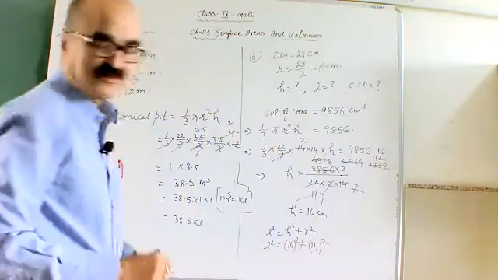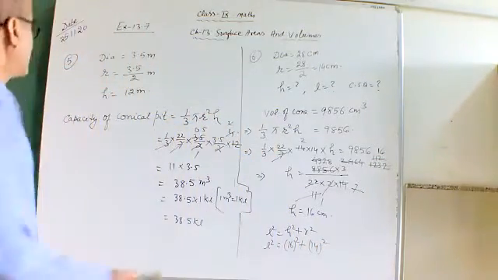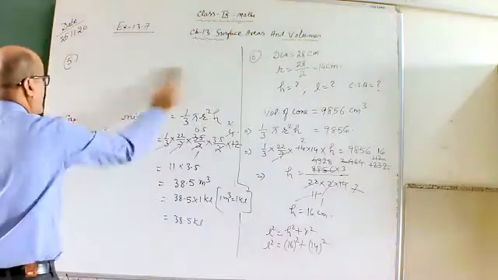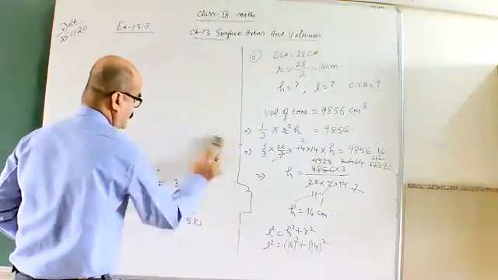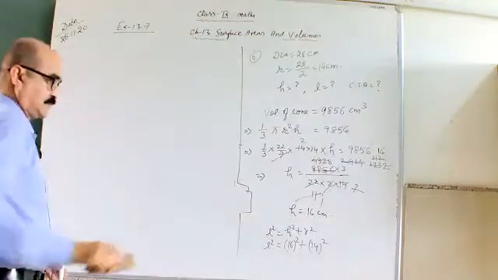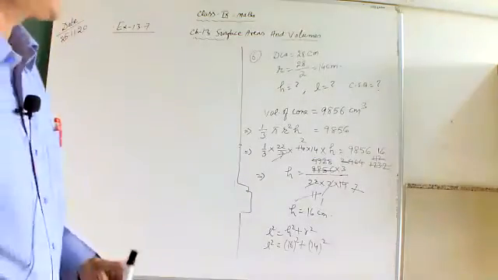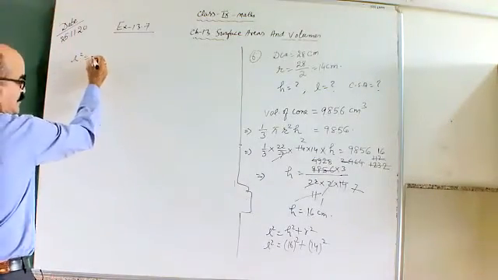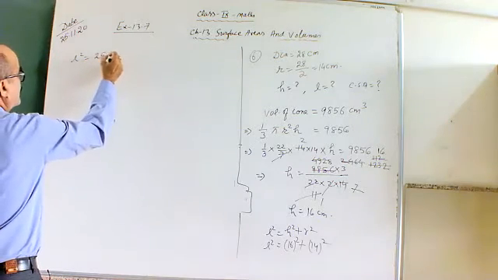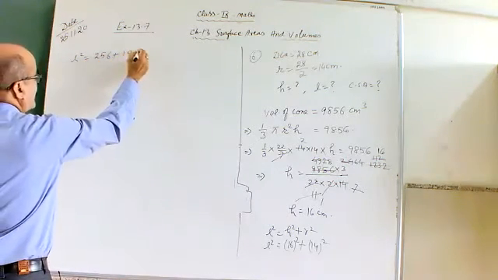Now I am solving on the left hand side. So l square will be equal to 16 square is 256 and 14 square is 196.